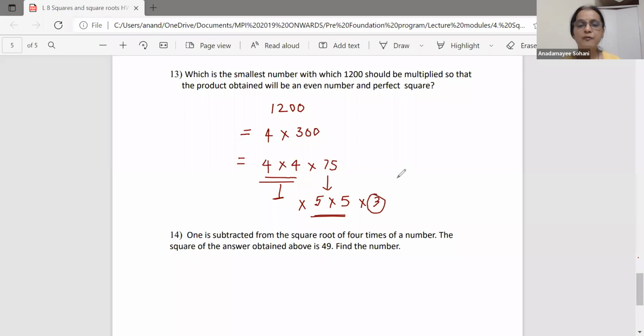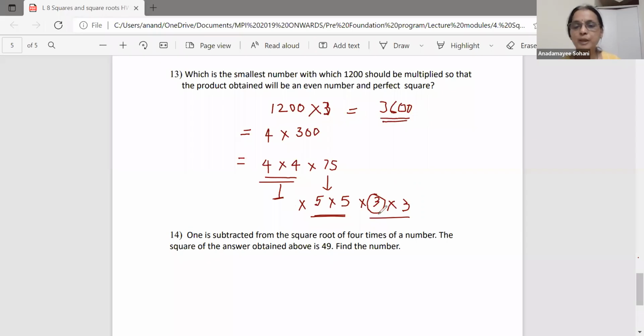So if I multiply 1200 by 3, I will get a number in whose factor I will have a pair for 3 also. Obviously, what will add in the factor of 3600? I have multiplied the main number by 3. So by factor also there will be 1, 3. And then I will get a pair of 4, pair of 5 and pair of 3. And then this will become a perfect square.